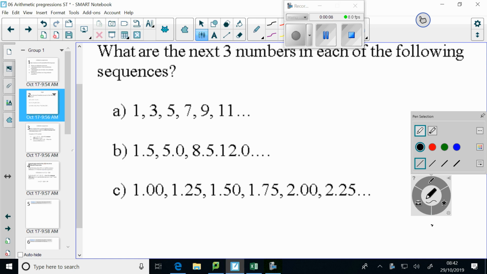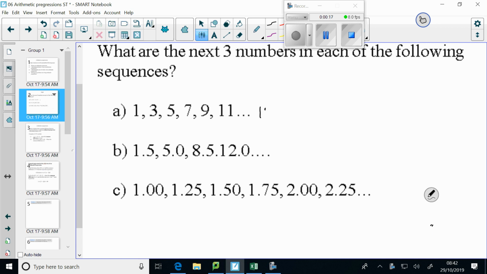So these three APs, what are the next three numbers in them? Yes, 13, 15, 17. Three dots after these mean you can carry on. Yeah. And the second one, 15.5, 19, 22.5.